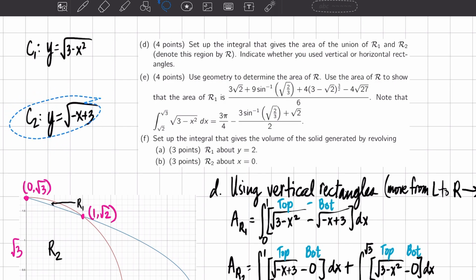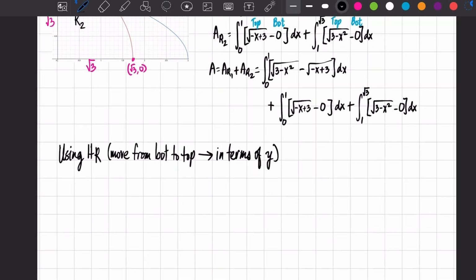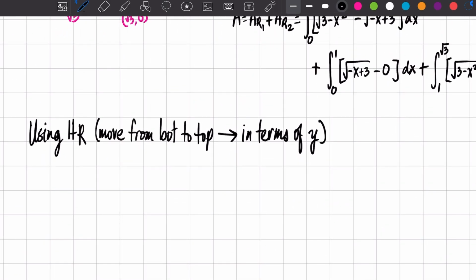So for the first curve, your circle x squared plus y squared equals 3, for us to write this one in the form x equals f of y, we just move y squared to the right side. We get x squared equals 3 minus y squared.